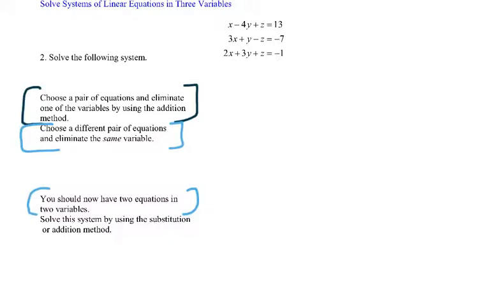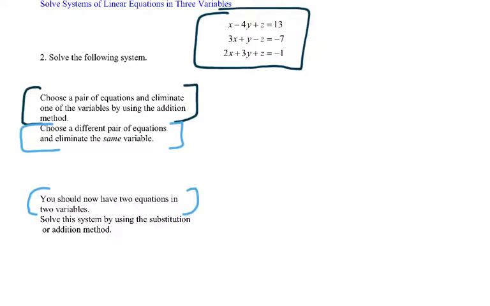Okay, so we are given the three equations listed here. I need to determine which variable will be the easiest to eliminate. What we want to look for is variables that have the same numerical coefficient but opposite signs, so +3, -3 as coefficients, or -5, +5 as coefficients.